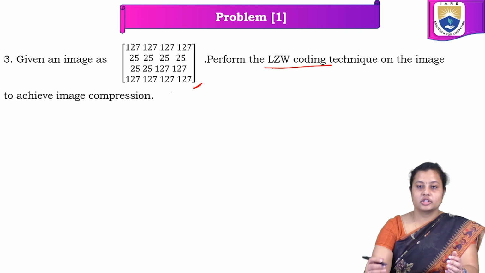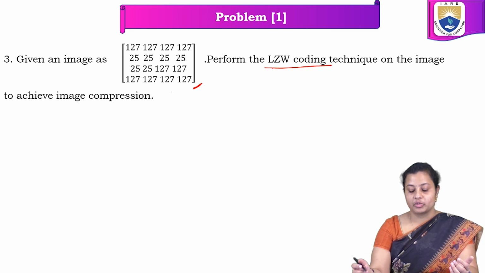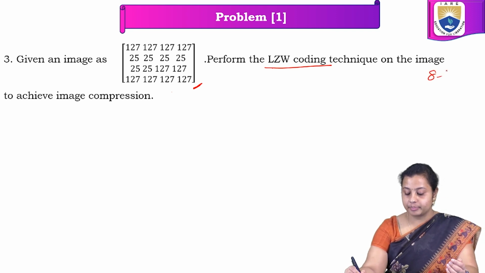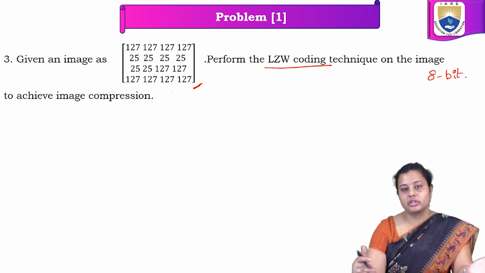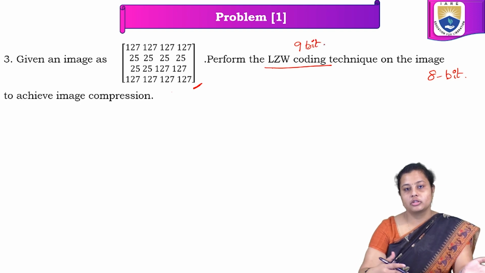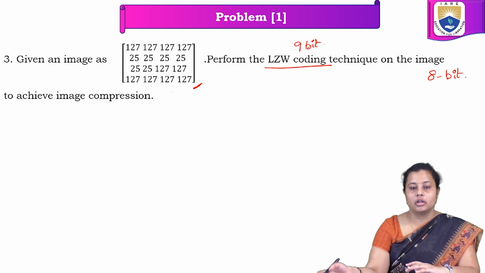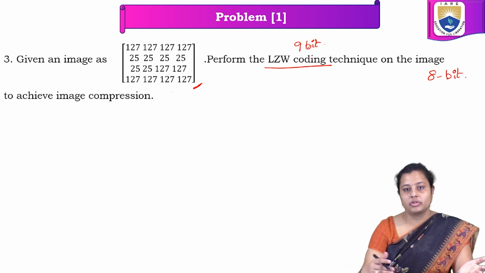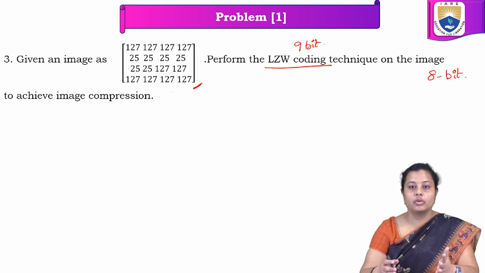In the dictionary, the first entries use an 8-bit code, with the 0 to 255 values predefined as the intensity values. For LZW coding, we will use 9 bits, so from 256 till 511, the dictionary is vacant. So there we will go on adding.